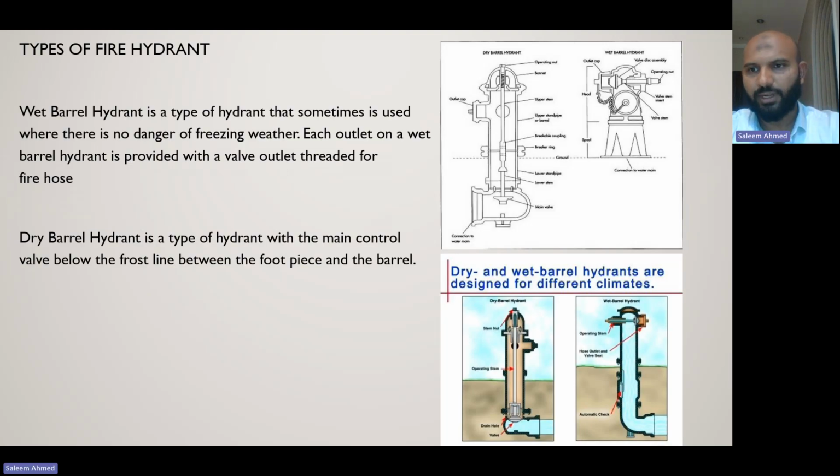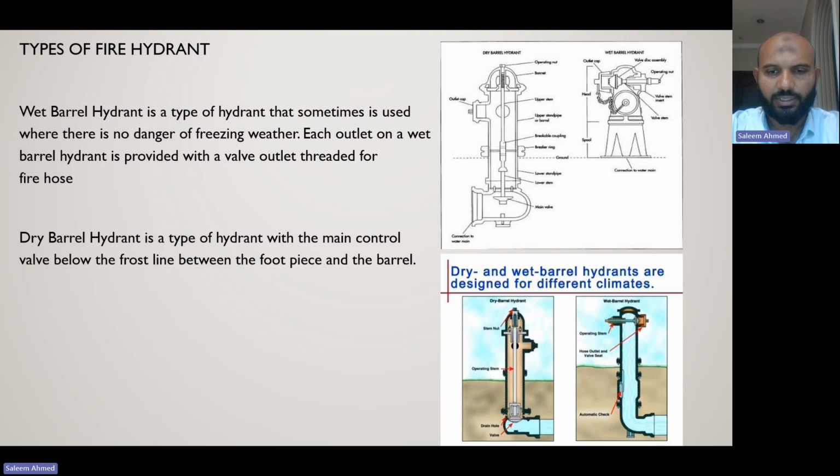There are different types of fire hydrants: wet barrel, dry barrel, wall type, and dry type fire hydrants. In wet barrel, the entire portion of the hydrant, the barrel, is totally supplied with water. It's filled with water. Dry barrel, this portion is exposed to the environment.